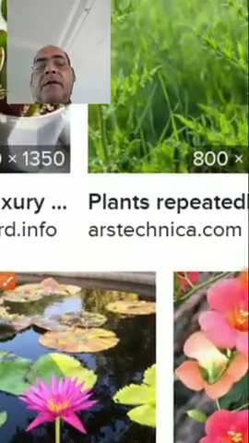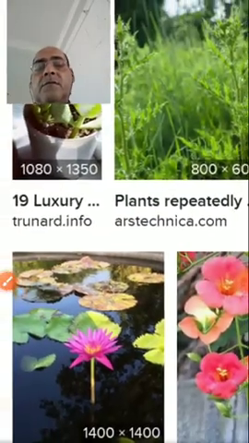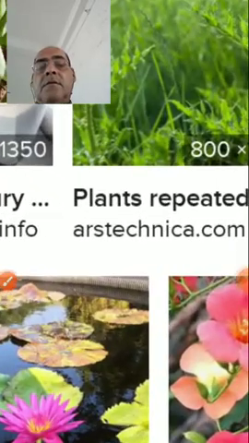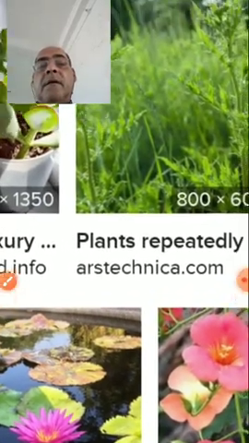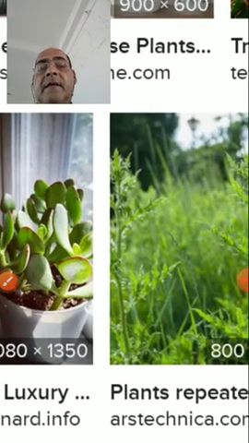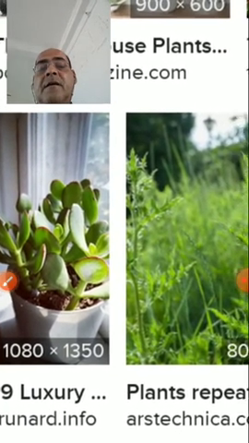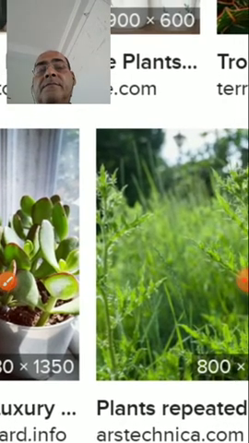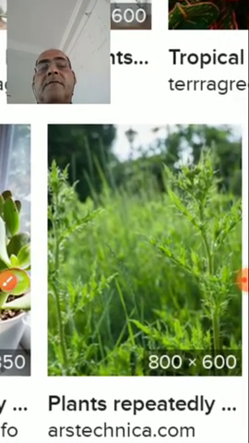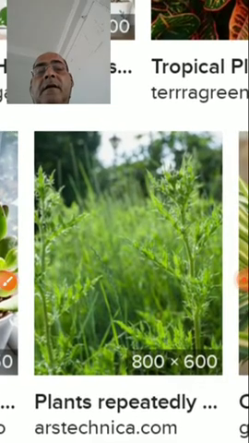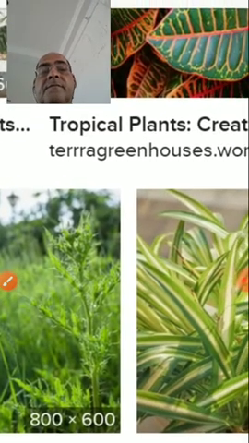So aquatic plants like this rose that you are looking at here, and a plant like cactus, that is the desert plant which you are looking at here, and some shrubs, herbs, and other plants.